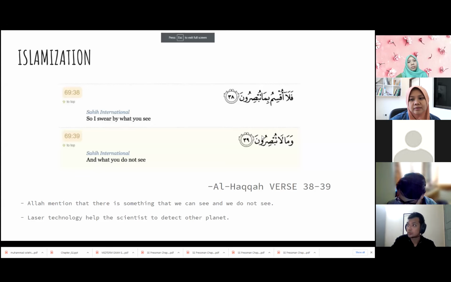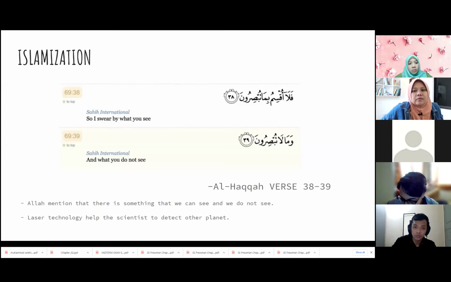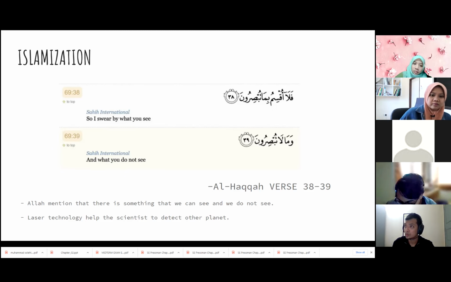Okay, for my Islamization, it doesn't take long, because the Islamization part is Allah said in Surah Al-Baqarah, verse 38 and 39, "So I swear by what you see and what you do not see."